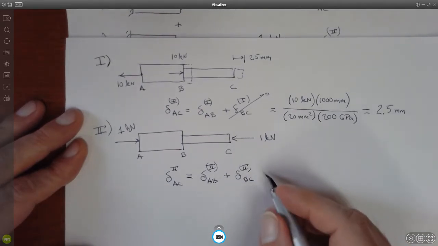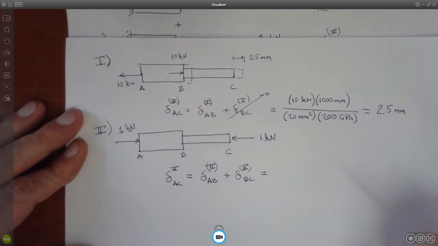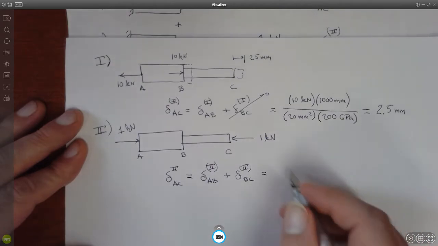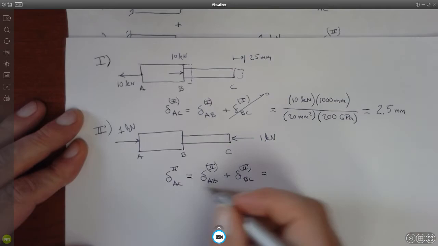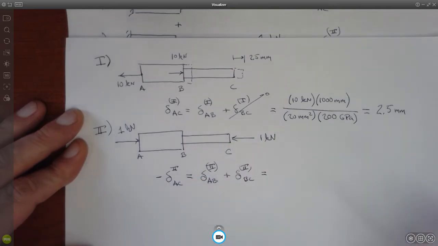So here we go. Let's first do it for AB. They're both negative, so I'll put the negative out here, but that's fine, right?